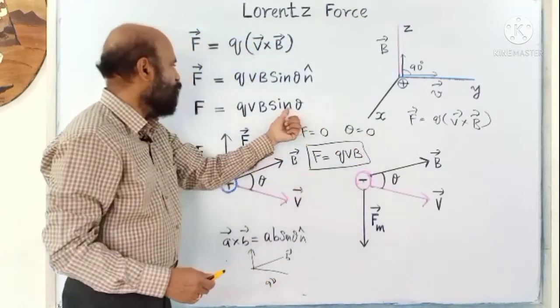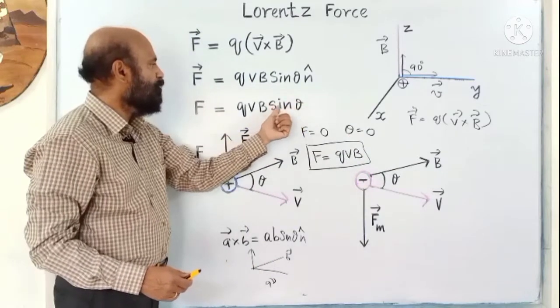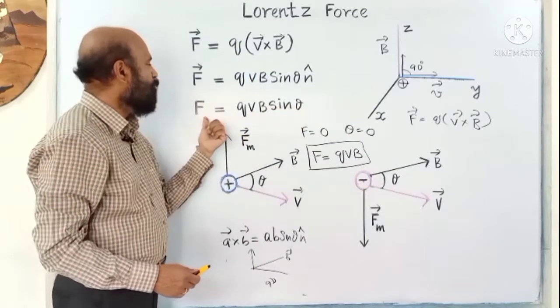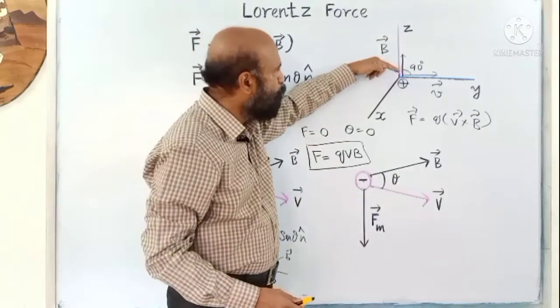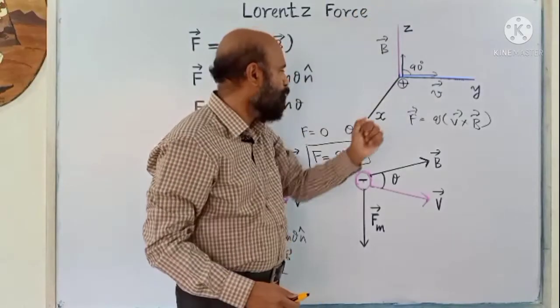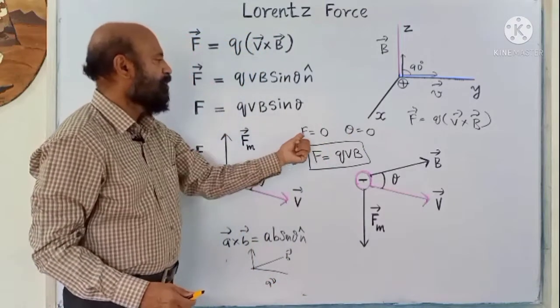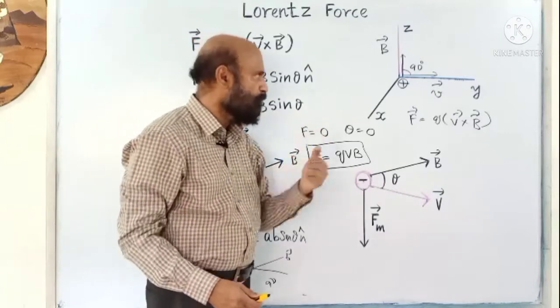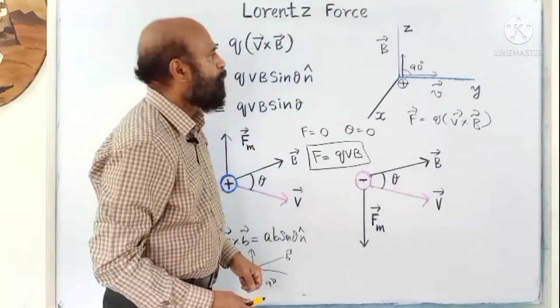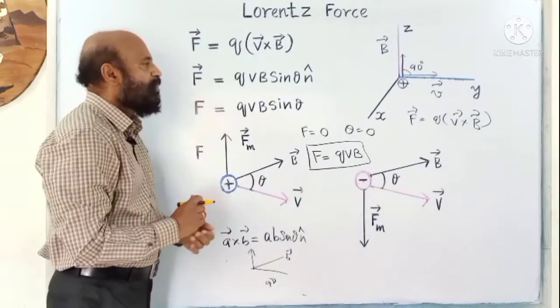When theta is 0, sine 0 is 0, so force will become 0. That means if charged particle is moving parallel to the magnetic field, it will experience 0 force, no force. It will not experience any force if it is parallel to the magnetic field.